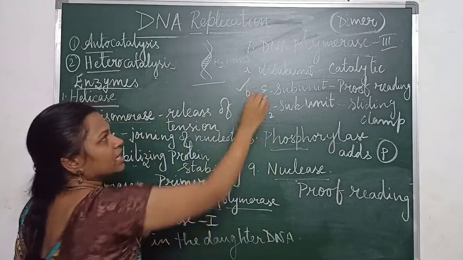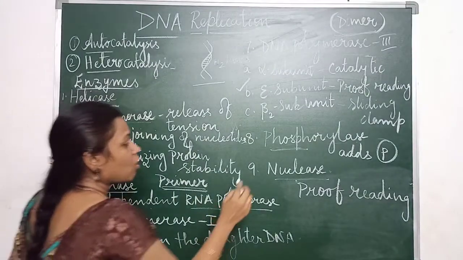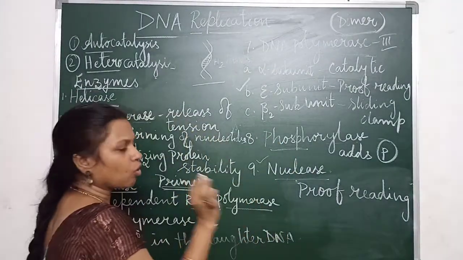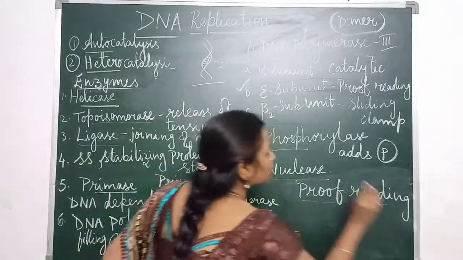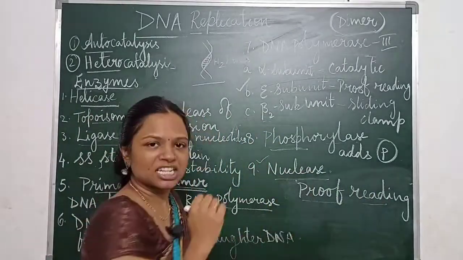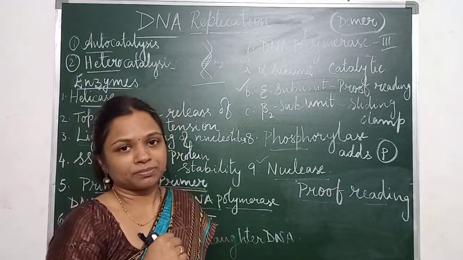One is in the presence of DNA polymerase 3 and also the nuclease enzyme. At the end of the process we also have proofreading, so any correction can be made even at the last minute, just before the completion of replication.